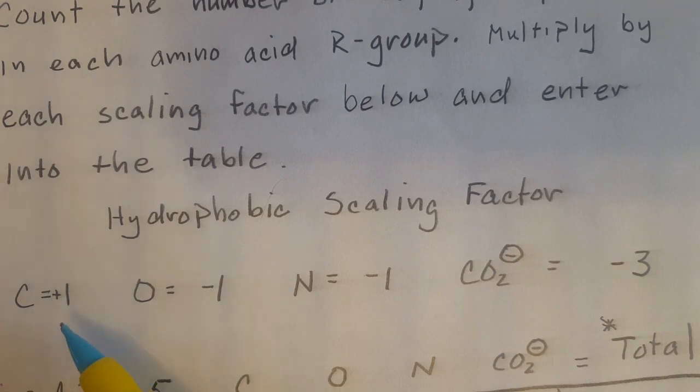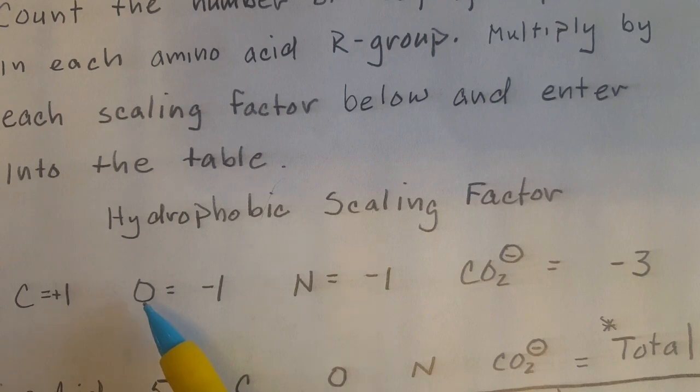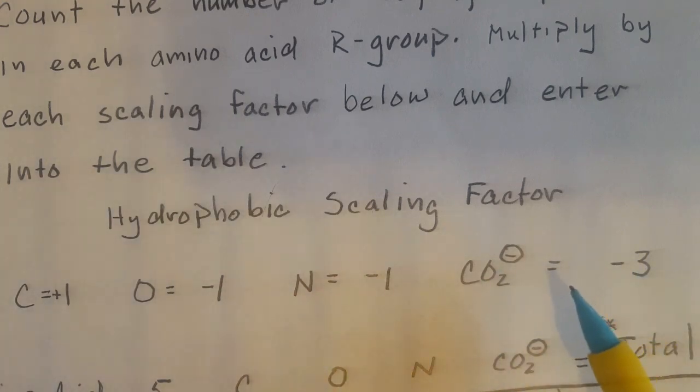That means the R group is going to cause the amino acid to travel far. If it's these polar groups, an oxygen, nitrogen, carboxylate, they're going to have scaling factors of, for oxygen, -1, nitrogen -1, carboxylate -3. And these negative scaling factors are going to cause the amino acid to move slowly.